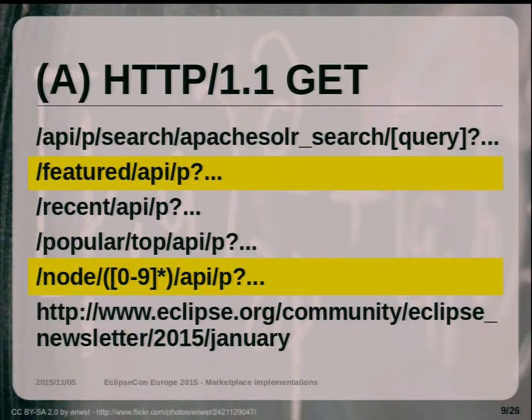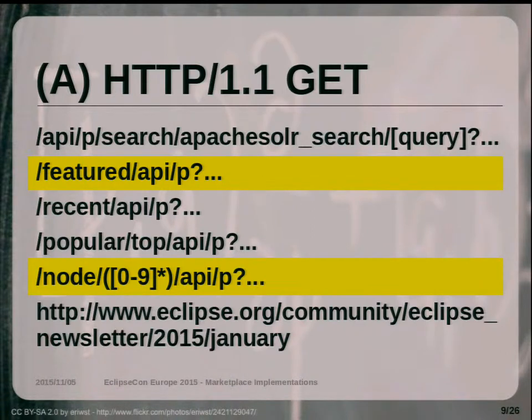You have recent API, so the things that have been installed recently. Popular, as you know it from the marketplace, there's the rating where you can say this plugin is very good, or this is insufficient or bad or something. You get also some recommendation based on the ratings. It's maybe a popular thing.